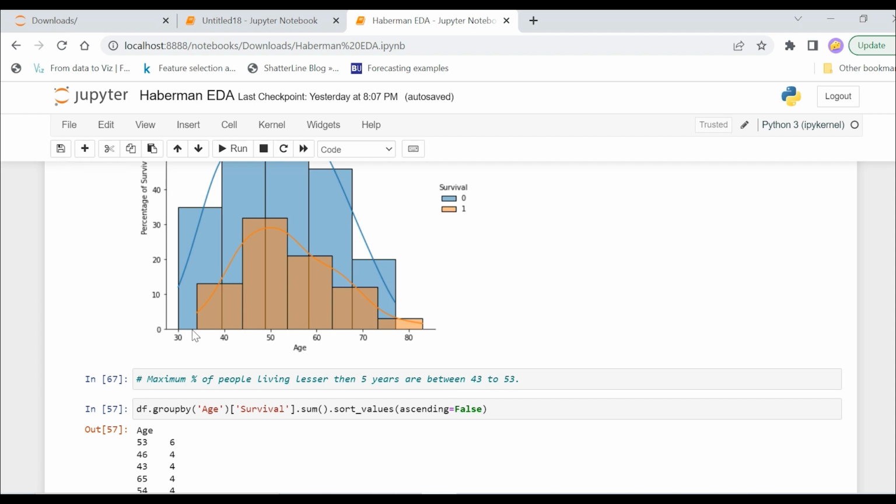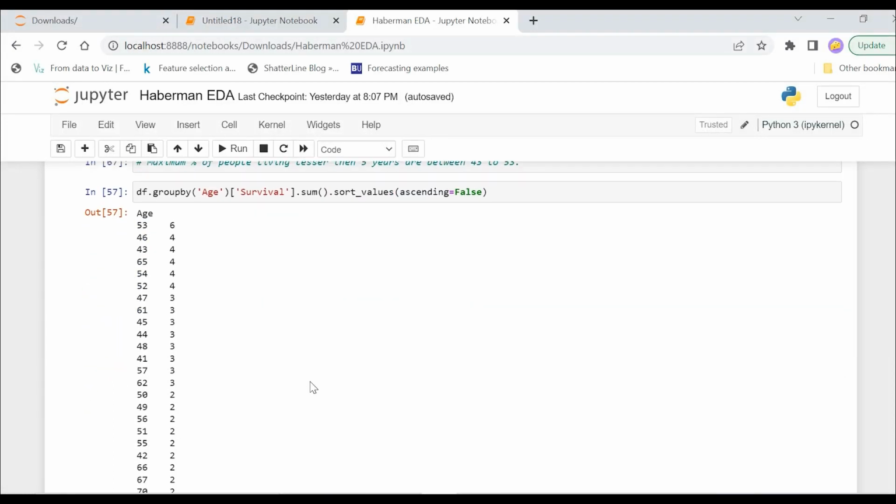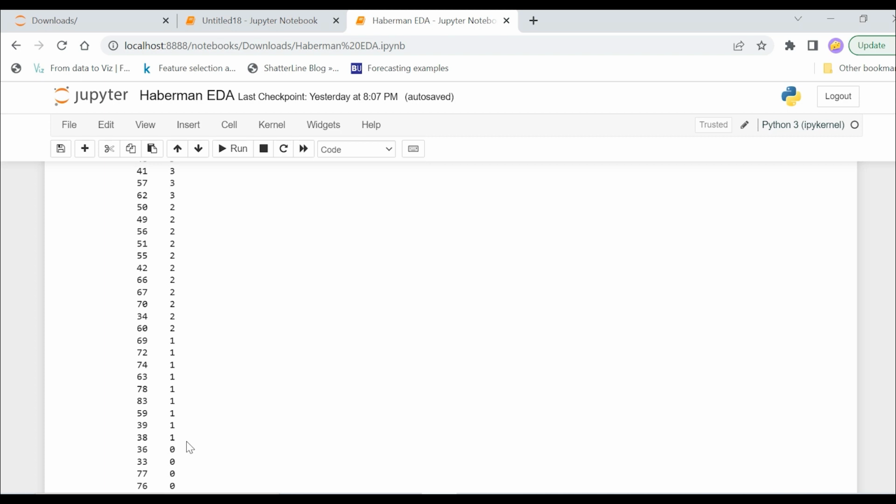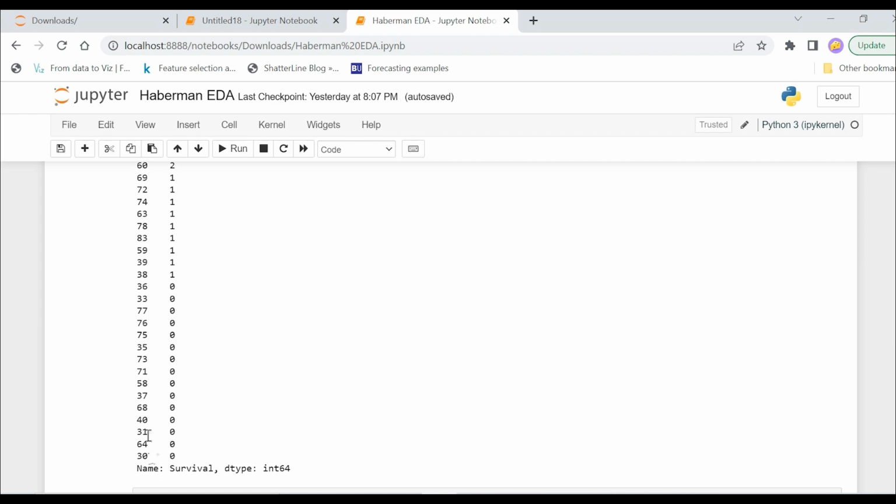Here, from 30 to around 33 years, you can also figure that out, just for the proof's sake. So here you can say 30, 31, 32, 33, 36.